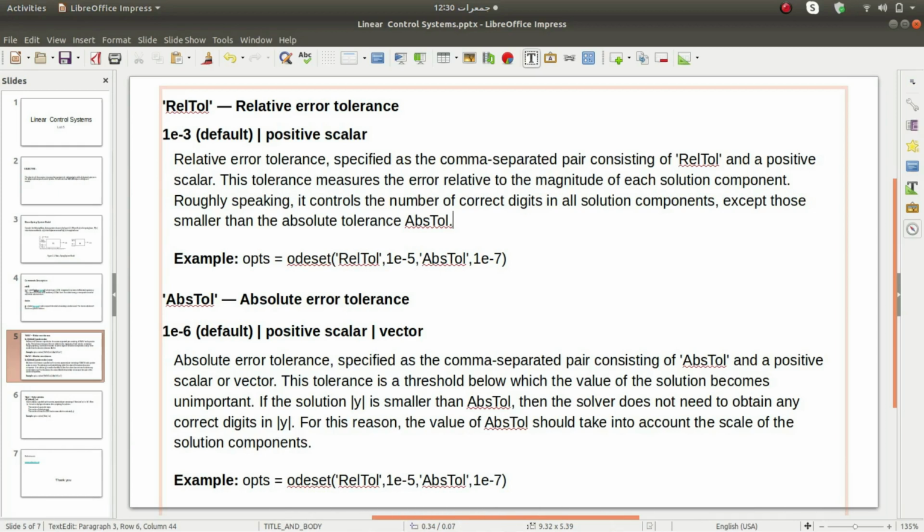Absolute tolerance is defined as the threshold below which the value of the solution becomes unimportant. It is the least value which we can consider for our possible solution. By default it is 1e-6, but we can change it according to our requirements.